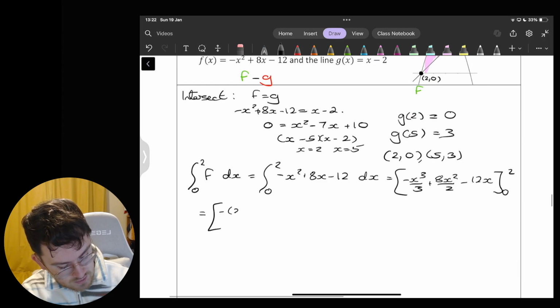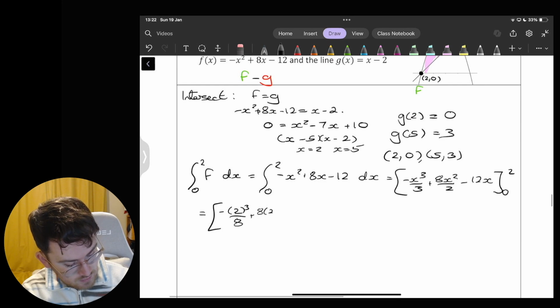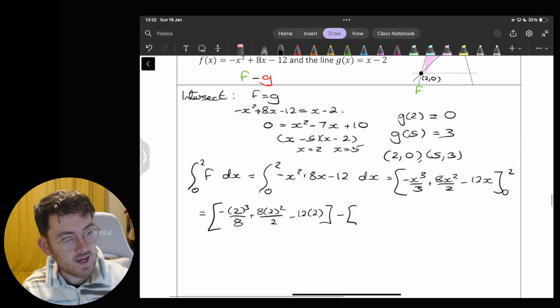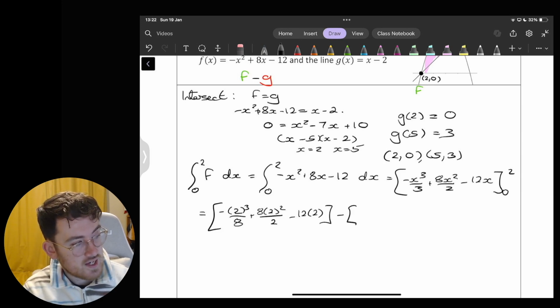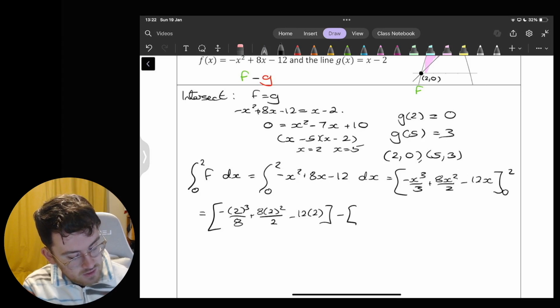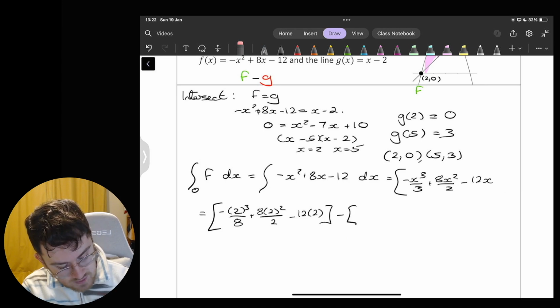So that's minus 2 cubed over 3 plus 8 times 2 squared over 2 minus 12 times 2. Wait, it's not from 2 to 0, excuse me, what am I doing? It's from 5 to 2, of course, because I'm looking at the x values.